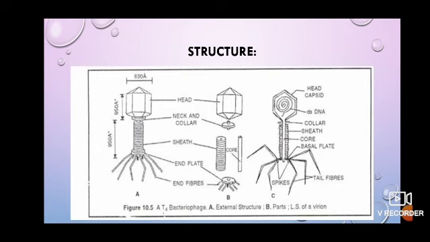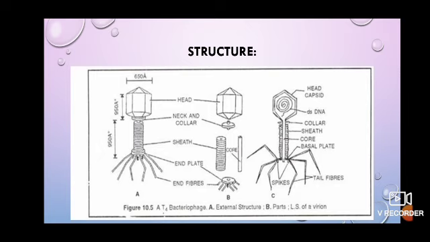So the tail ends in a hexagonal, 6-sided basal plate with spikes or tail pins or prongs at each corner. At each corner of the hexagonal basal plate, there are 6 tail pins or 6 spikes on the undersurface of the plate.